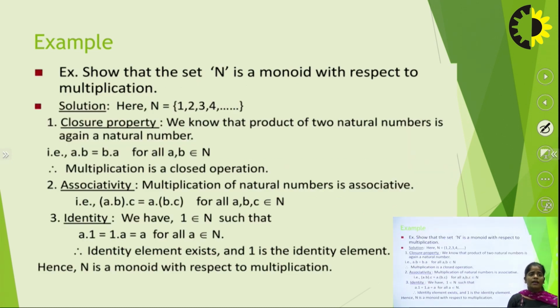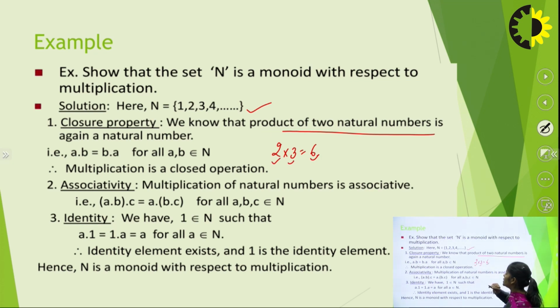So I take another example, natural numbers with respect to multiplication. So this is the set of natural numbers. Here I have to check 3 properties: closure, associativity, and identity. We know that the product of 2 natural numbers is again a natural number. It is a very simple thing, like 2 times 3 gives 6, and all 3 are natural numbers.